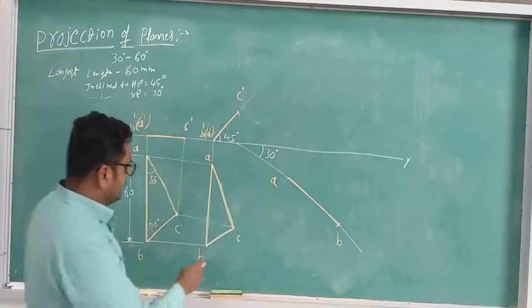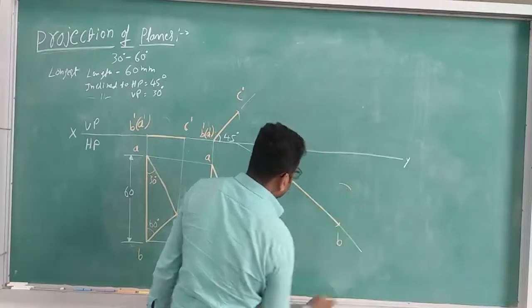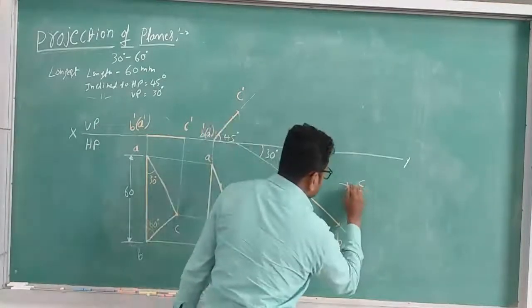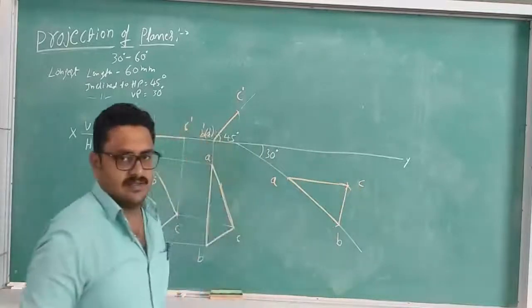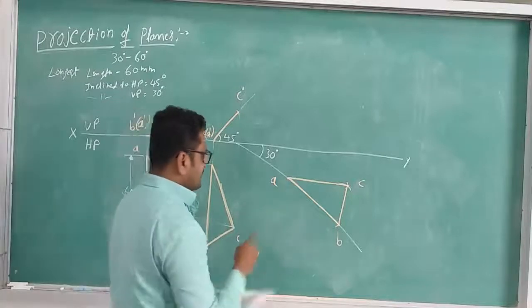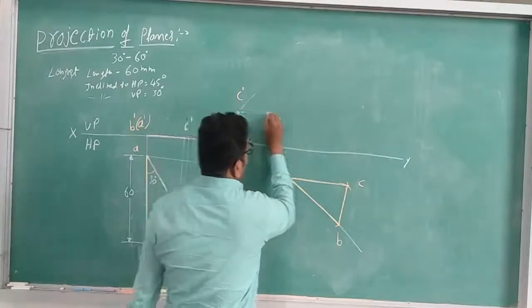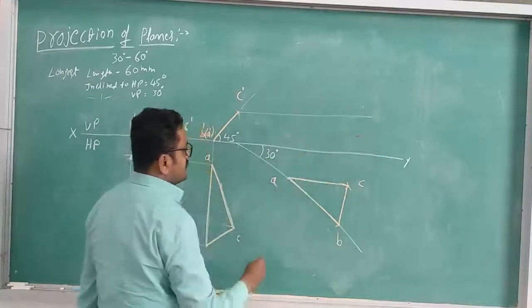After that, B to C, measure it, draw the arc, then A to C, measure it, draw one more arc, we will get C, then join those two sides. After finishing this, draw the vertical projections to get the final view. From the C dash, draw the horizontal projection. B dash of A dash is along the XY line, no need to draw it again.